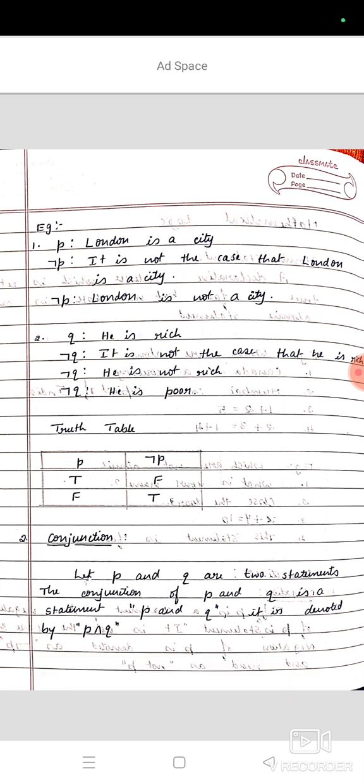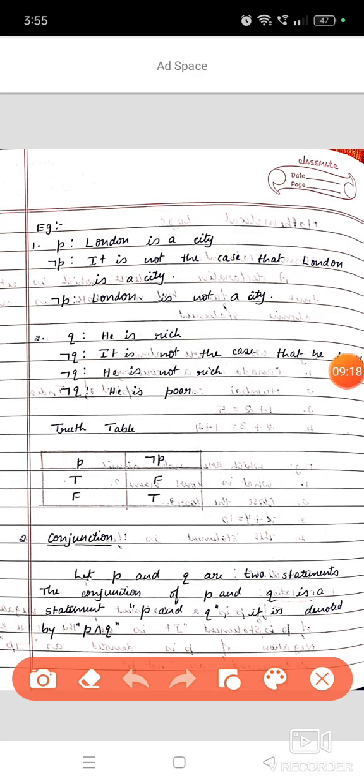And we can even write an opposite word for the negation. For example, here Q is given as he is rich. The statement Q is he is rich. Now, according to the definition, the negation of Q can be written as it is not the case that he is rich.